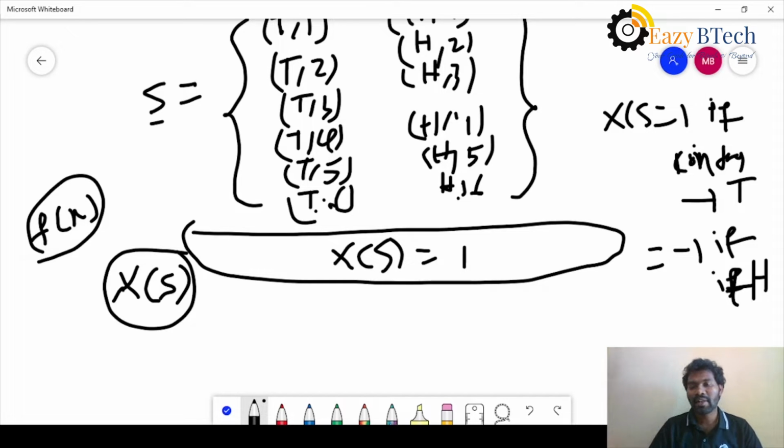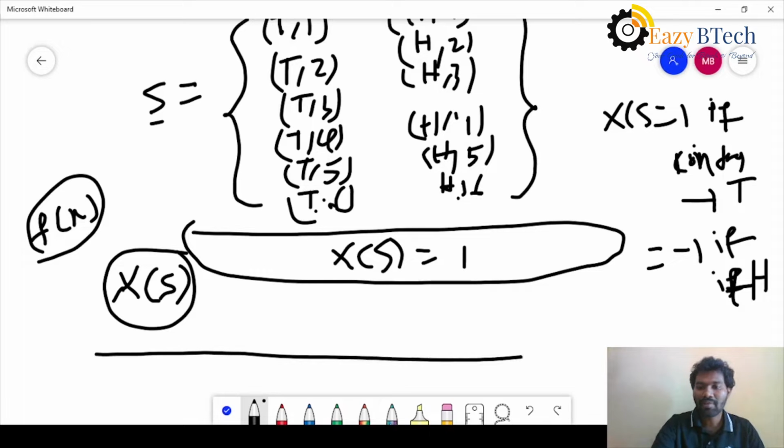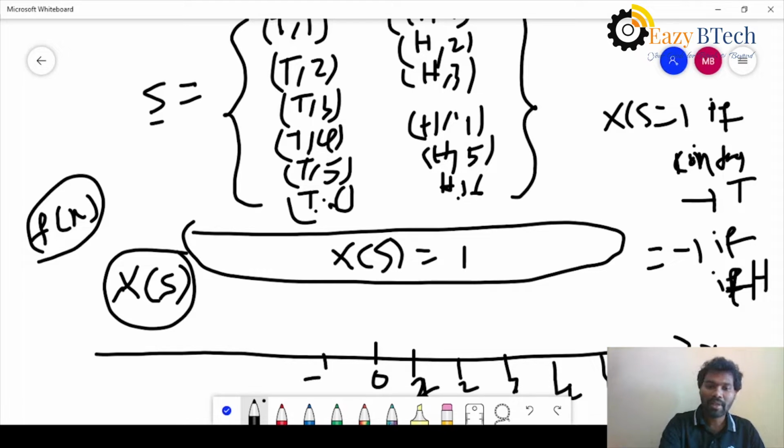If the coin faces head, I will take the value of minus 1. Now this is my real axis. The real axis starts at 0, 1, 2, 3, 4, 5, similarly minus 1, minus 2, minus 3, and so on. So this is the real axis.